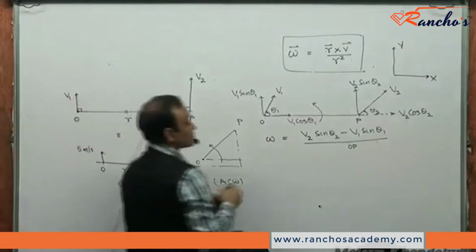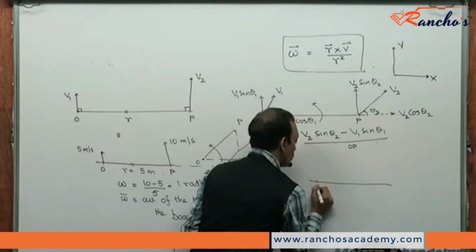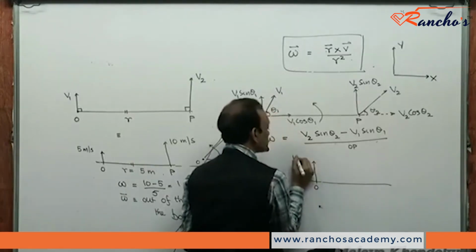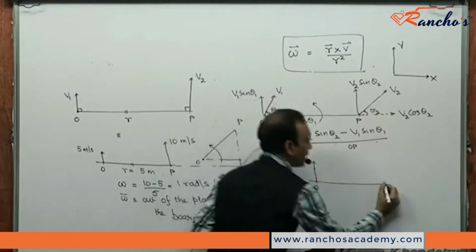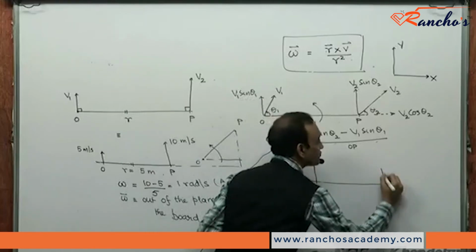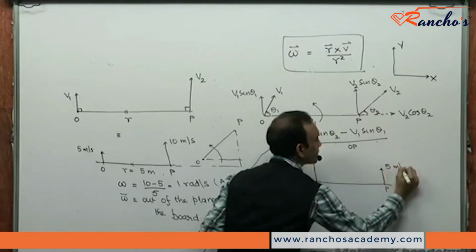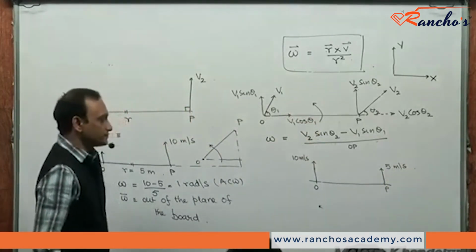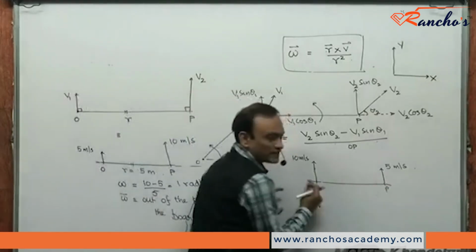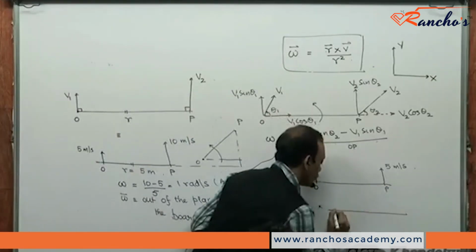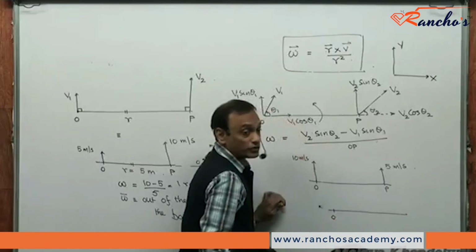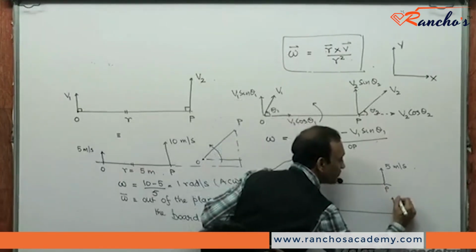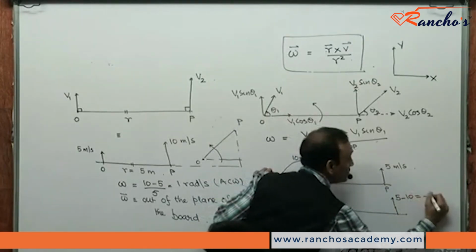But suppose it was just the other way around. O was here, and O had a velocity, say, 10 meters per second this way, and P had a velocity 5 meters per second this way. If I have to look at the velocity of P as seen by O, thinking of O being fixed, that's going to be 5 minus 10, which is minus 5 meters per second this way.